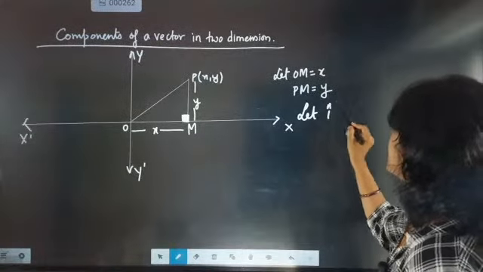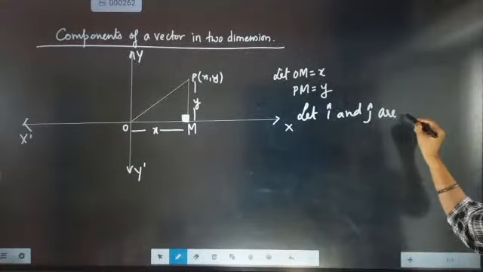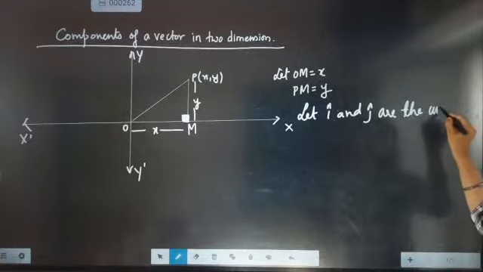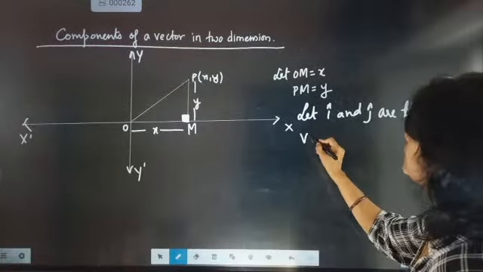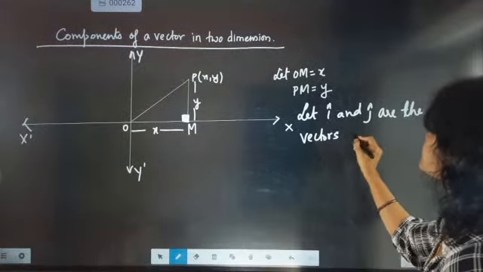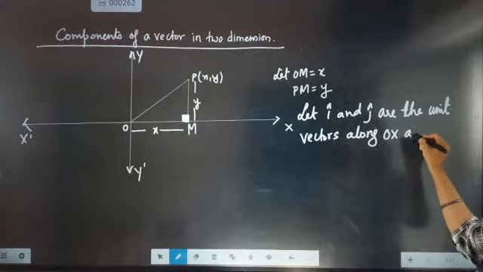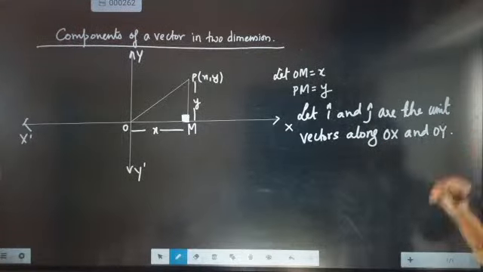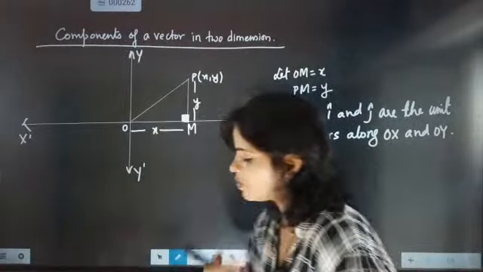Let i cap and j cap be the unit vectors along OX and OY.